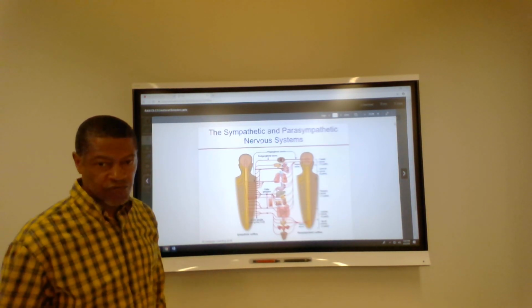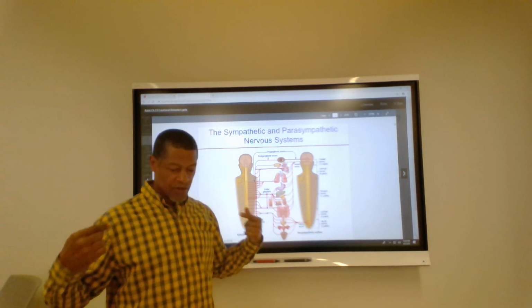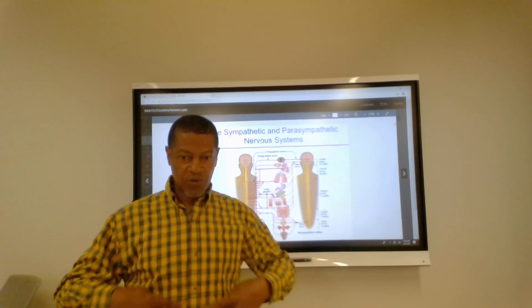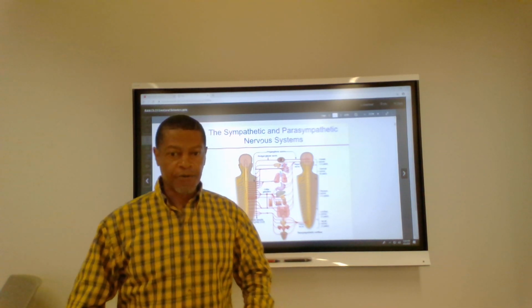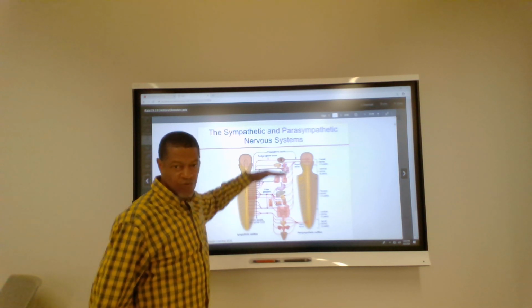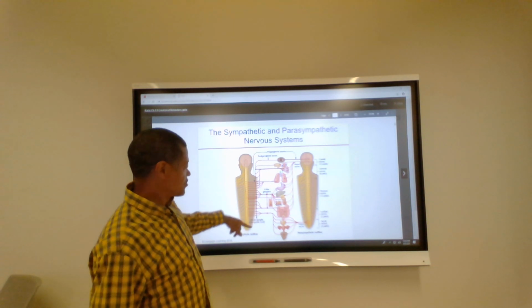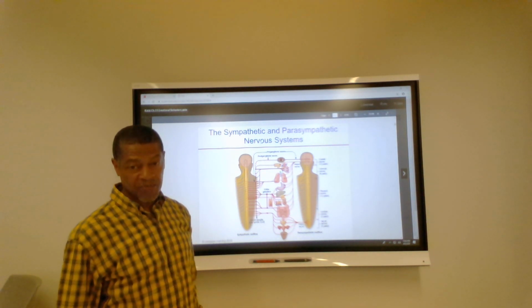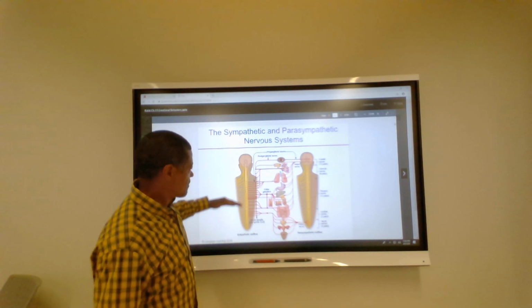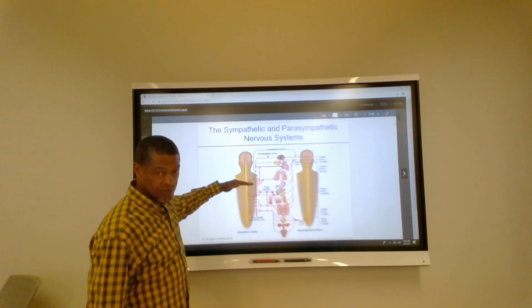So here we have the description of it. These lines here are showing the nerves going to the particular organs from the spinal cord. So you have a cranial sacral division, that is cranial top part, sacral bottom. That is pretty much your parasympathetic nervous system. Then you have some nerves that are coming right from the middle.